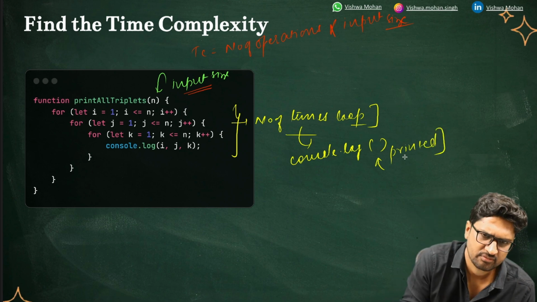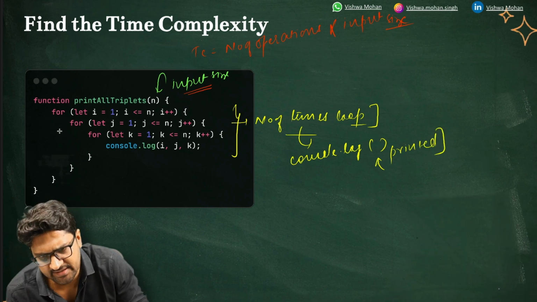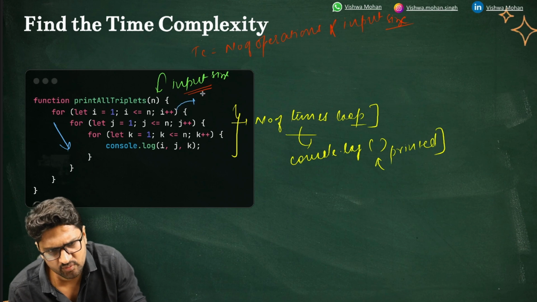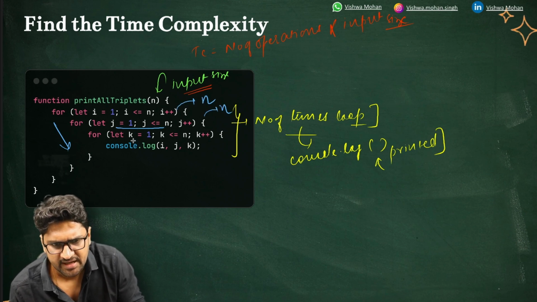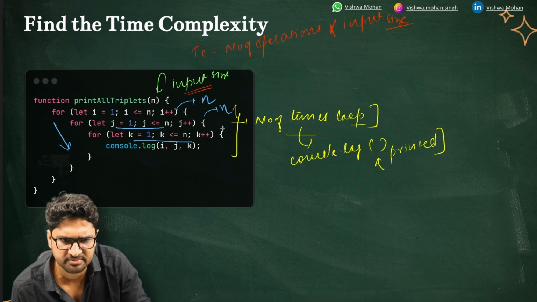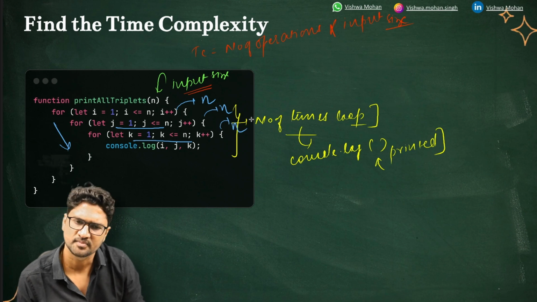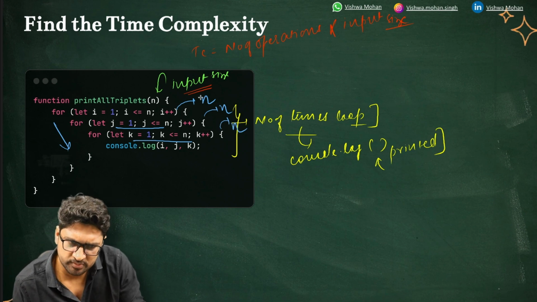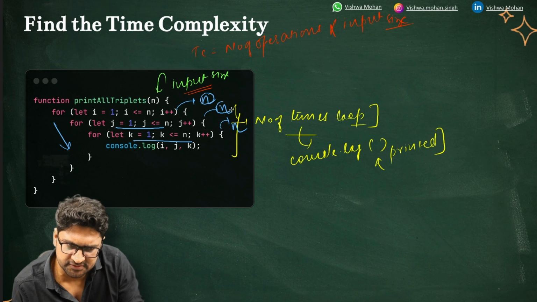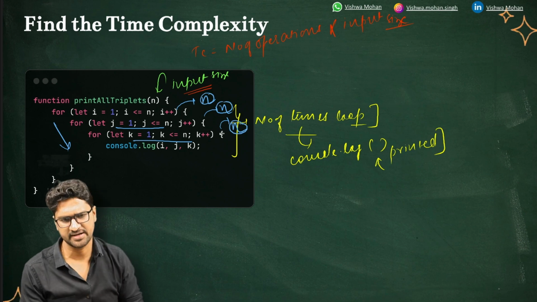Just one more thing: if you see here, these are all nested loops, right? So this outer one runs n times, this one runs another n times, and this one again runs n times. So there is a nested loop. Outer runs for n times, this runs for n times, and this other one runs for n times.